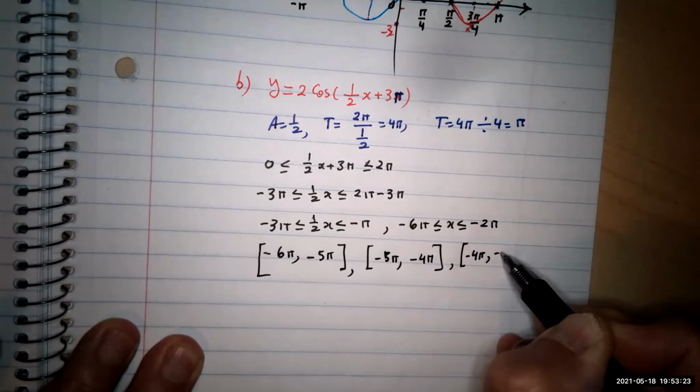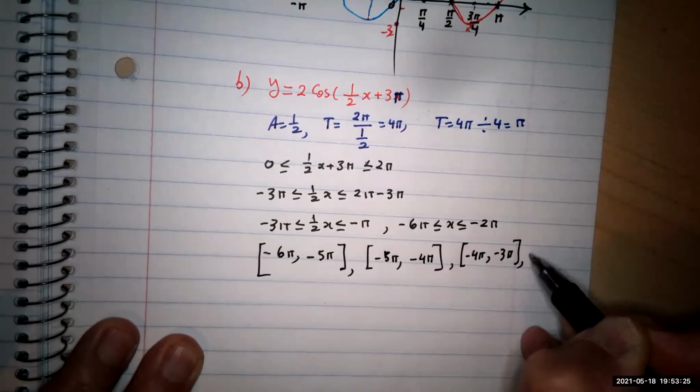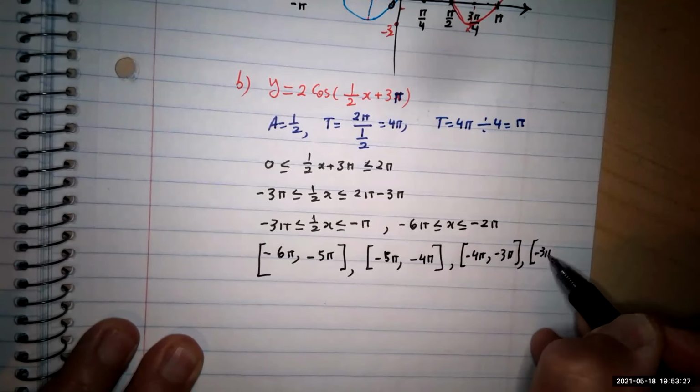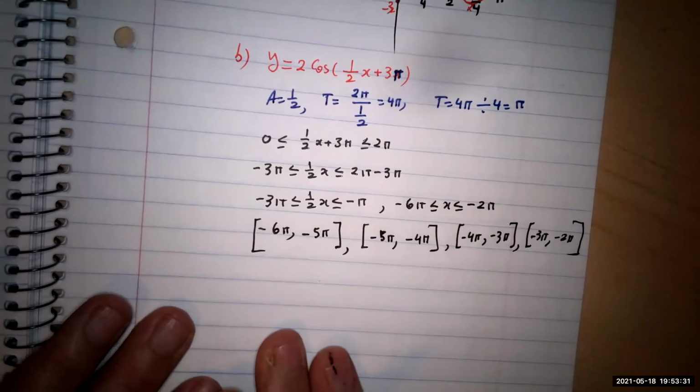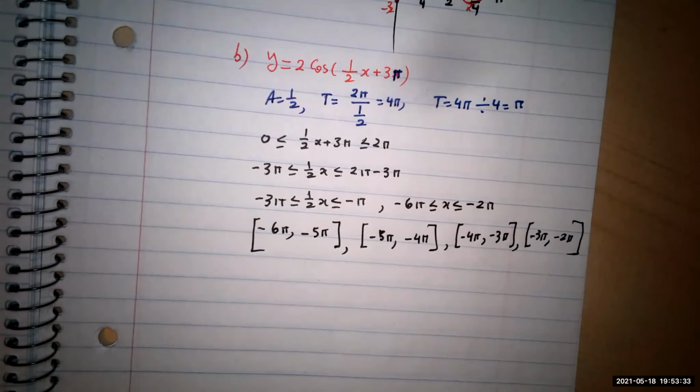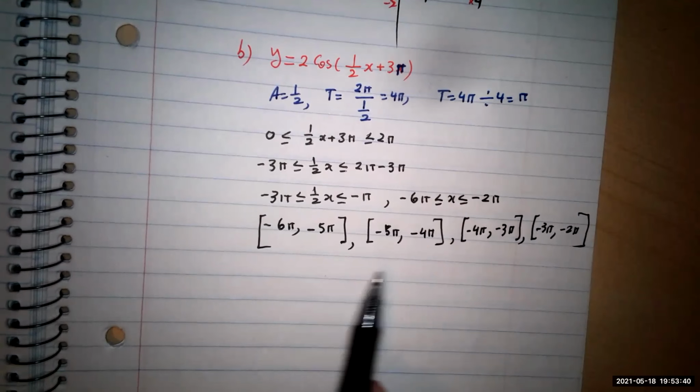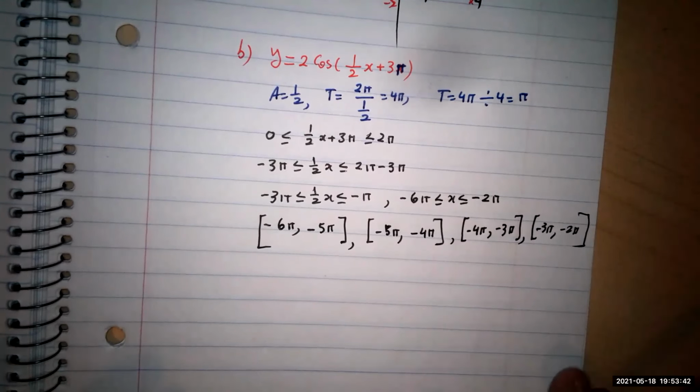You add another pi, that gives negative 3 pi, and adding one more takes you to negative 2 pi. You see, this method works for all of them. It's such an important technique for calculus 2, if you get to that part. So this would be one period.